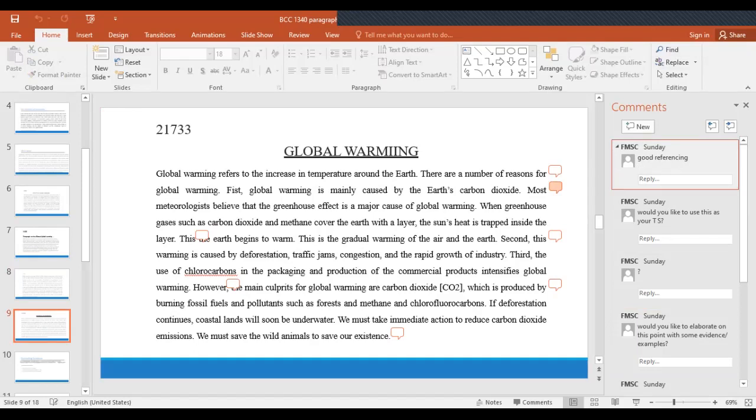So in this paragraph, you have written most meteorologists believe that the greenhouse effect is a major cause of global warming, right? So it's very good to include referencing in that way instead of just trying to say with your general knowledge, right? It's good to include the ideas of other people in your paragraph, right?